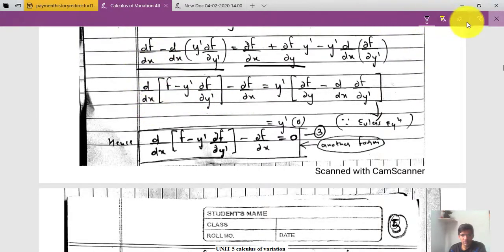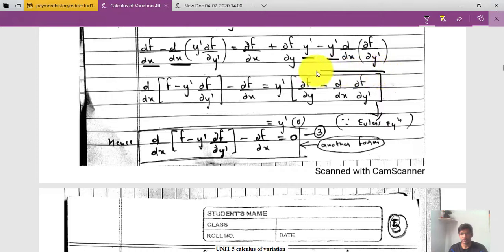From here I take common outside df by dx, and here d by dx I take common outside. Inside what is left is f minus y prime dou f by dou y prime. Okay, this dou f by dou x I will take to the left hand side, minus dou f by dou x equal to, y prime I am taking common outside from here, so dou f by dou y minus d by dx of dou f by dou y prime.